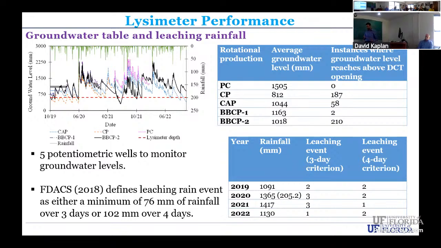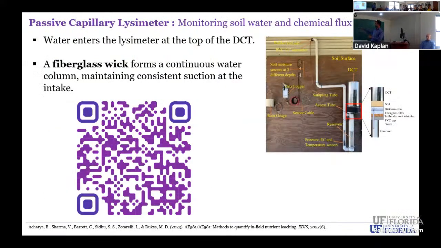So this graph is showing you the temporal variation of groundwater fluctuation, okay? This line is the opening of the DCT. If you go to the previous slide, that line is representing the depth from here to this.